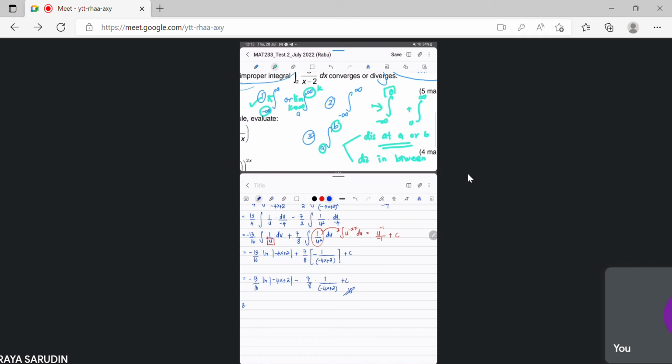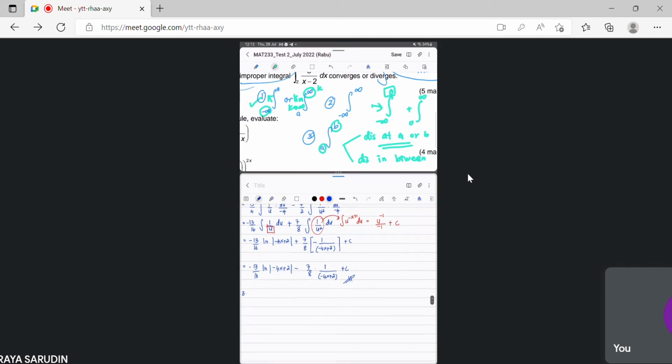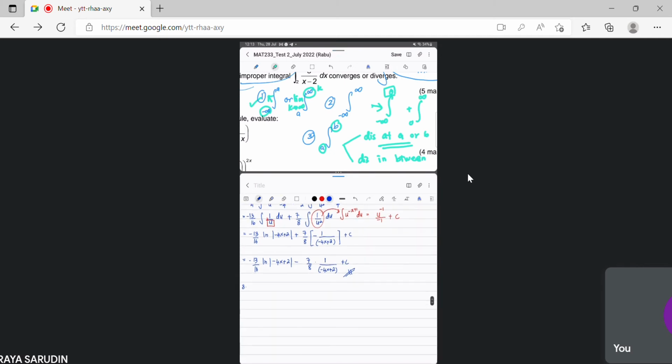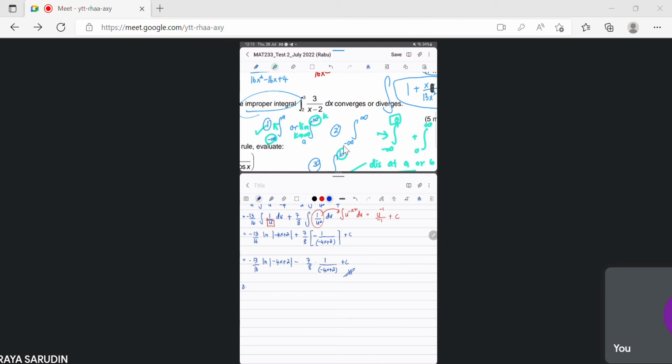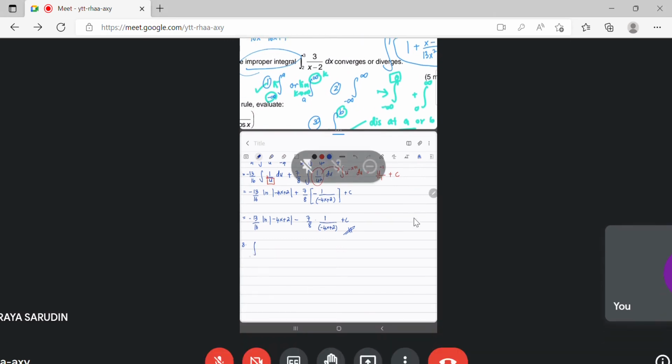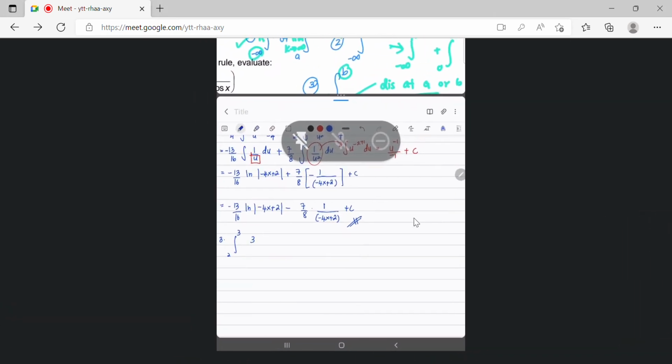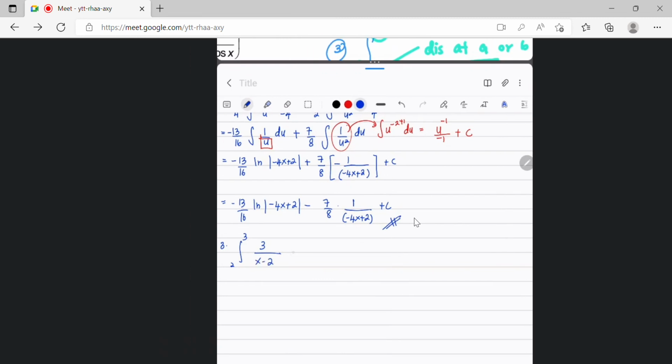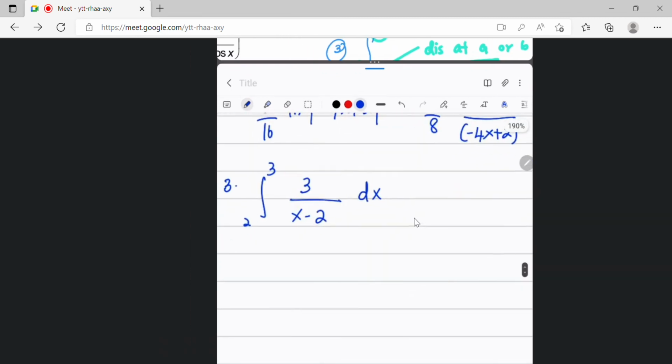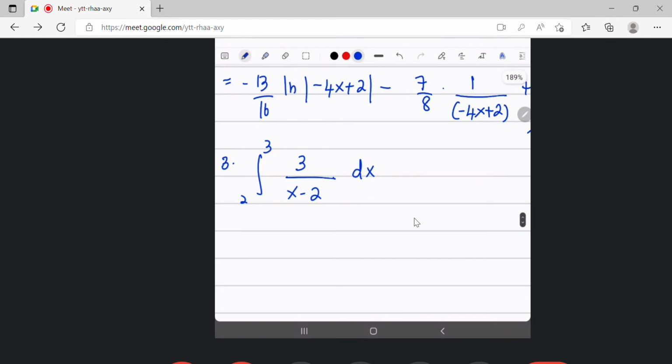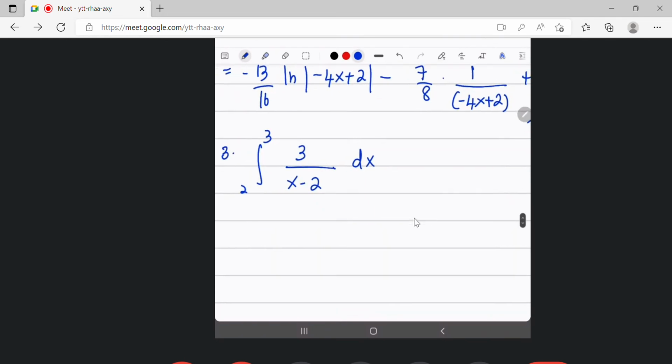So nilai yang dekat sini adalah mengikut dekat mana point yang dia discontinued tu. Okay. So, untuk soalan yang ini, 2 to 3, 3 over x minus 2 dx. Okay. Improper kan? So, kita tengok dulu dia discontinued dekat mana. Macam mana nak check the discontinuity point?